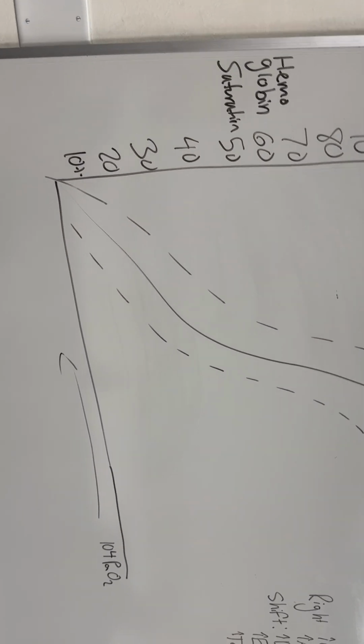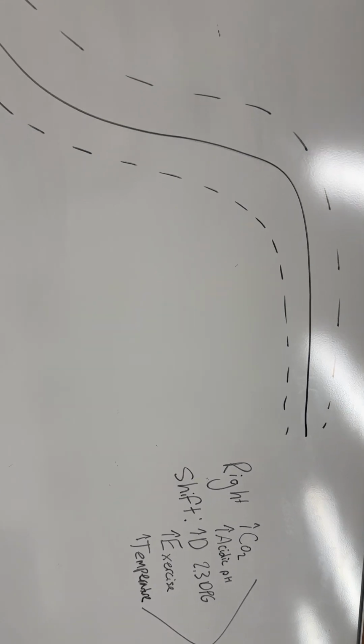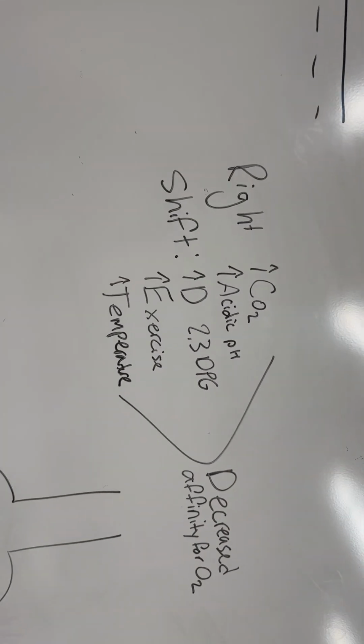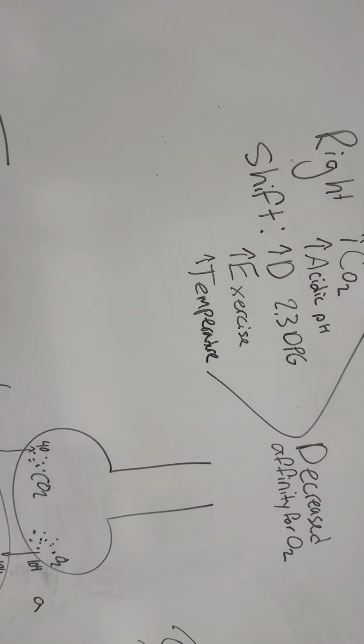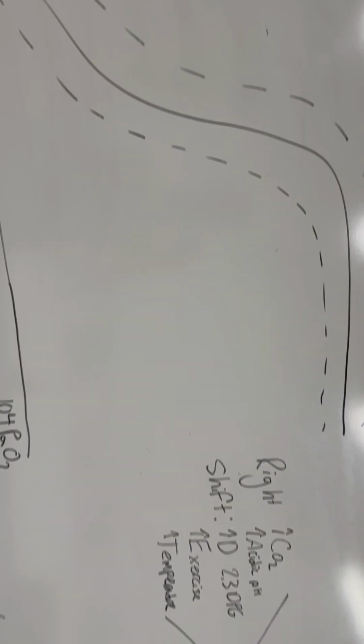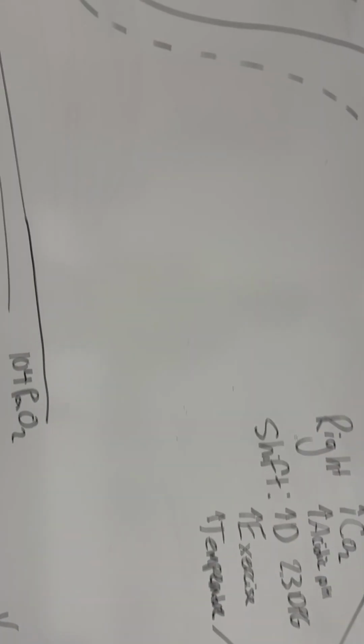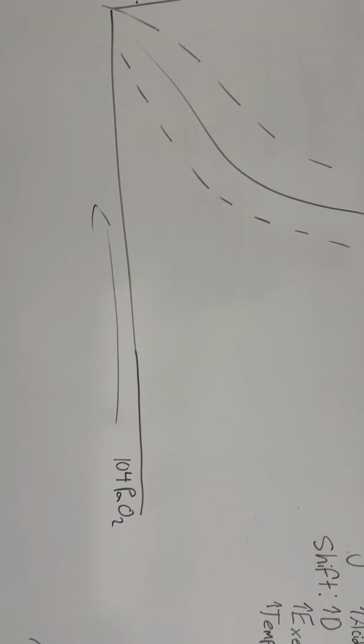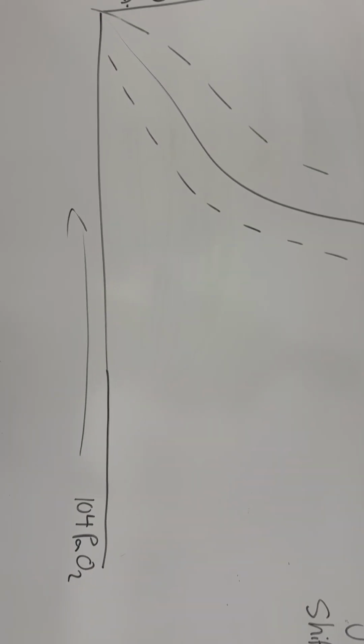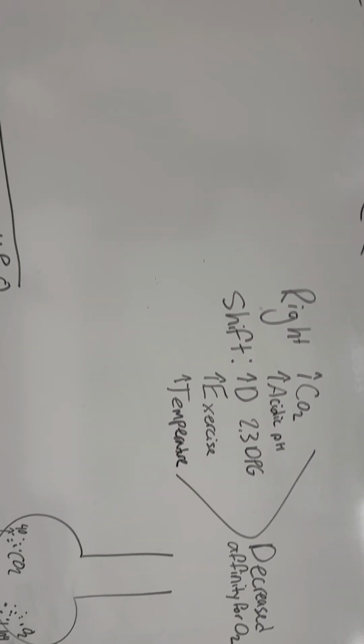So this is all dependent on the T state and the R state of hemoglobin here. So with our right shift, we can shift this curve, right? What a right shift means is that for whatever partial pressure you have, there is less hemoglobin saturation.